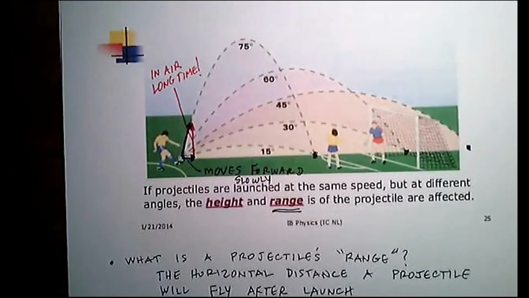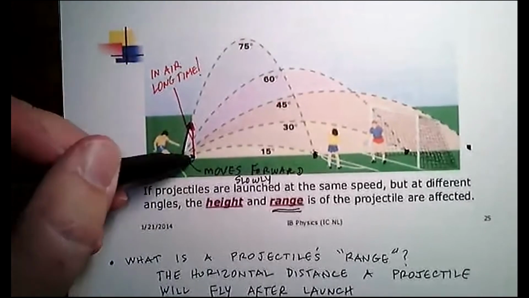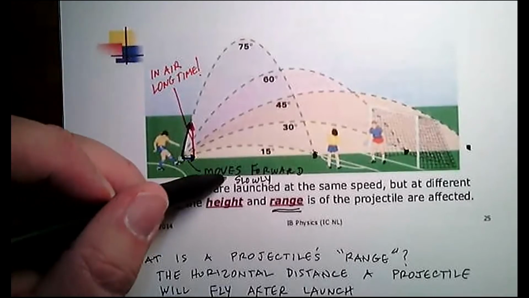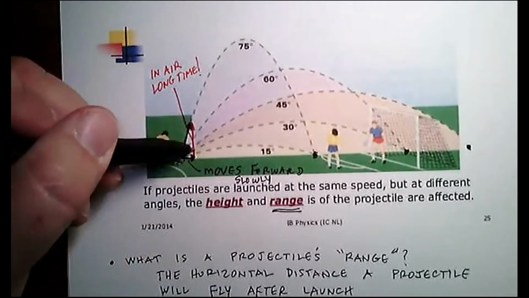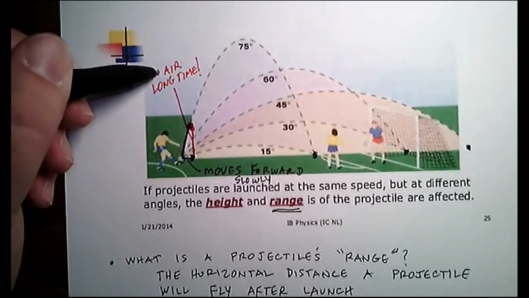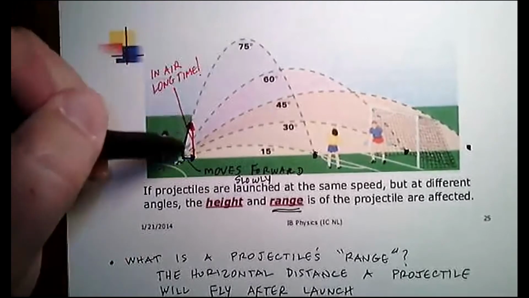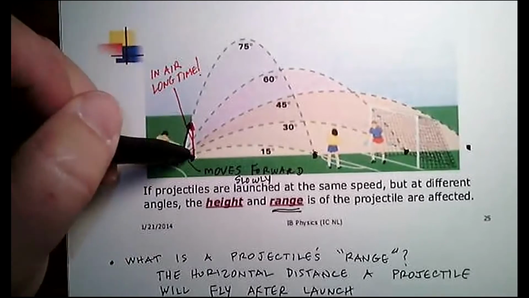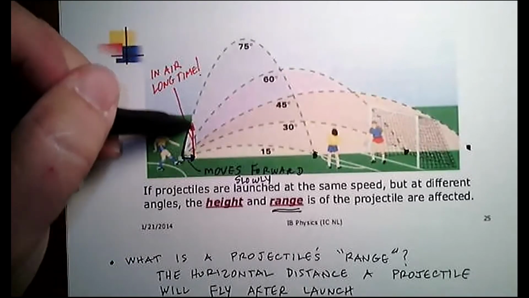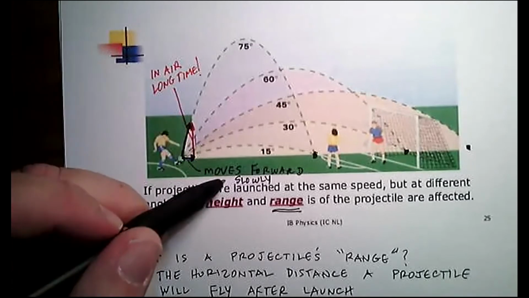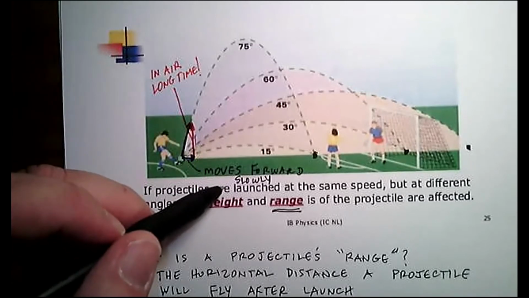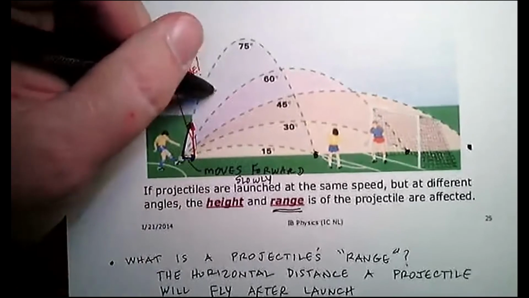So this line here controls the forward velocity. This one tells you how fast you're going upward, which controls how long you're in the air. Think of 75 degrees. It's going to be in the air a really long time because you kicked it mostly upward, but it's not going to be moving forward very quickly. How about 60?